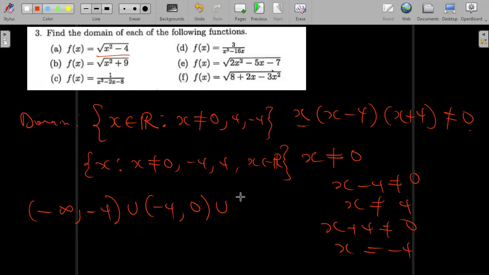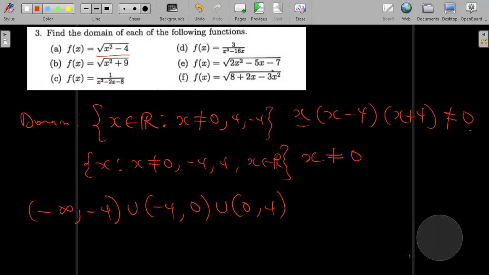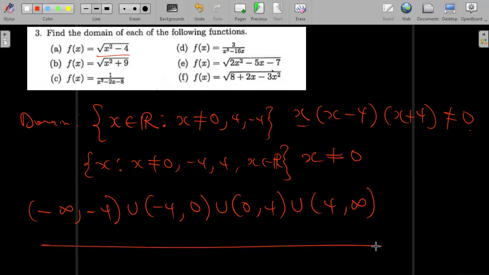Then again union 0, not part of it because it can't equal 0, all the way up to 4. And also from 4, union, going all the way up to positive infinity. So you could choose to write it like this to still be correct. This is what you do when you have such a case.